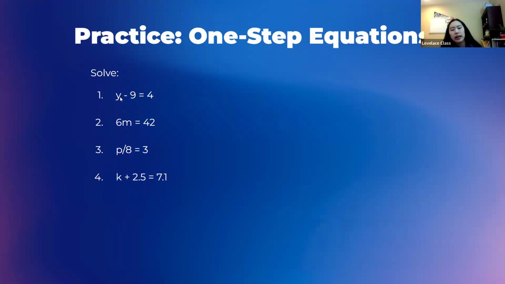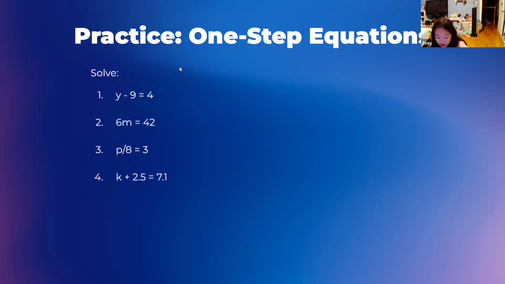Then if we add 9 to both sides, you get y equals 4 plus 9, which equals 13. So that's correct. Okay, do you want to explain the second question? Yeah. So 6m equals 42. So you divide by 6 on both sides, which gives m equals 7. Yeah, exactly. Okay, good job.